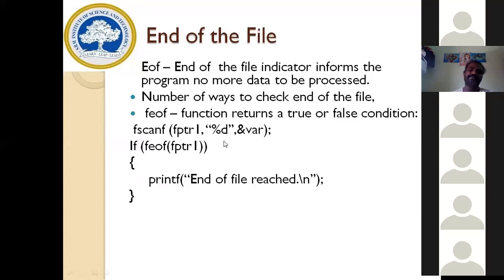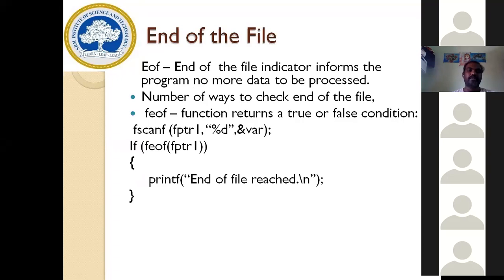So I said two things in addition to file operation you must read, that is end of the file and how to close a file. So end of the file represents the file indicator that informs the program there is no more data to be processed.